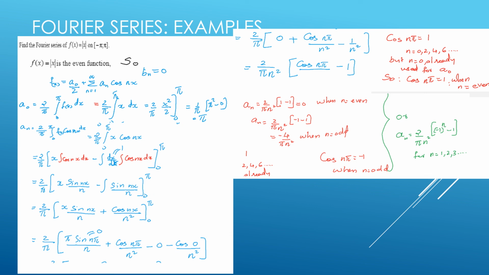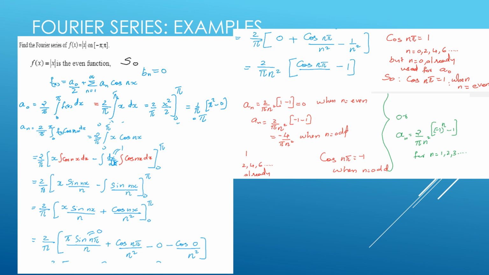And cos n pi is equal to 1 when n is even, that is 2, 4, 6, etc. Sorry, cos n pi is equal to minus 1 for n odd, 1, 3, 5, etc. Or in general, we can plug in cos n pi equal to minus 1 raised to n. That's also a possible way.